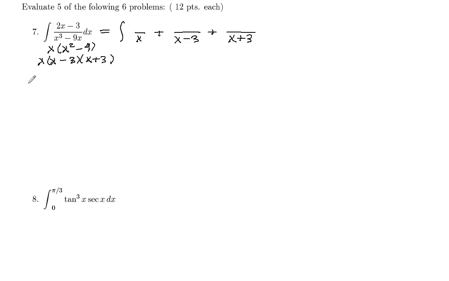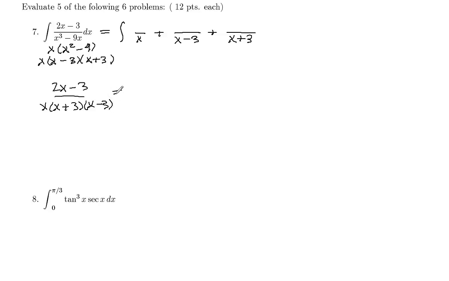So the partial fraction decomposition, this left-hand side, which is your 2x minus 3, I'm going to write the factored form here. Over your x times x plus 3 times x minus 3.